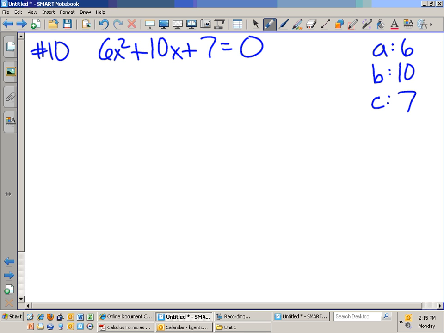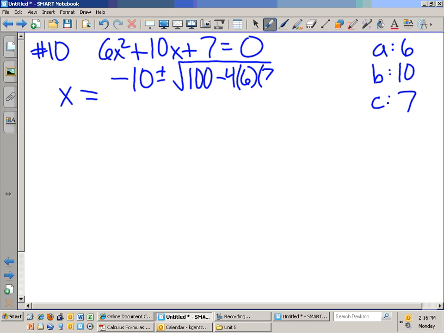So now I got to plug the numbers in correctly. Negative B, so negative 10, plus or minus the square root of, what's B squared? 100. Minus 4 times A is 6 and C is 7, divided by twice my A value. 12.